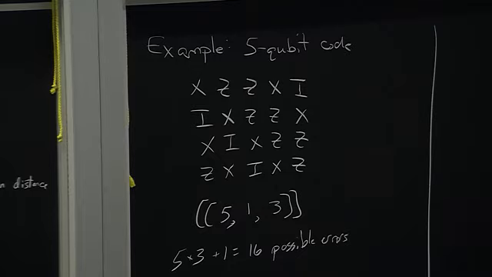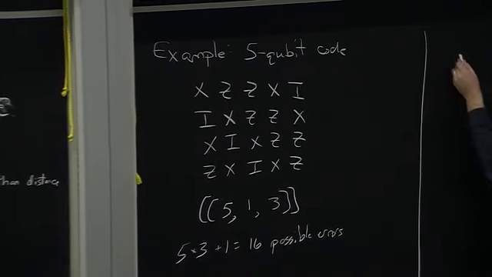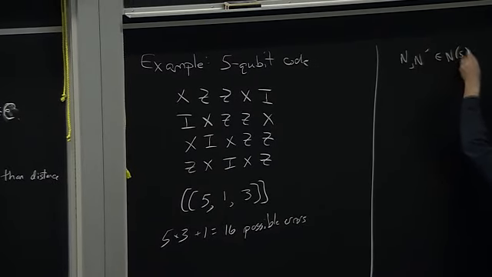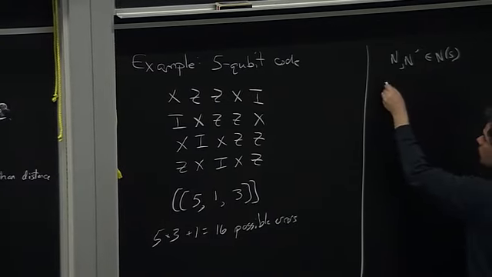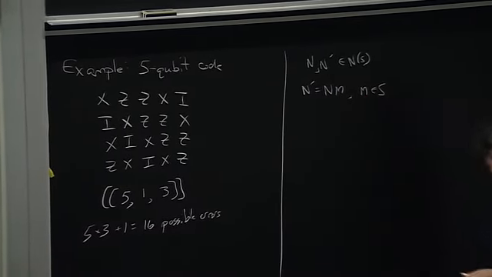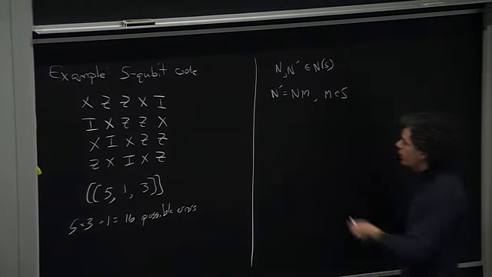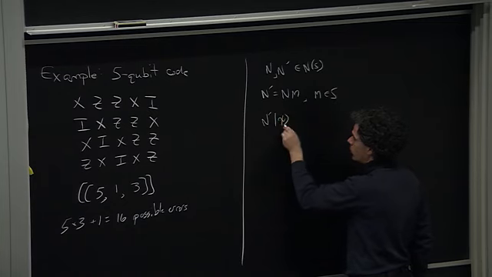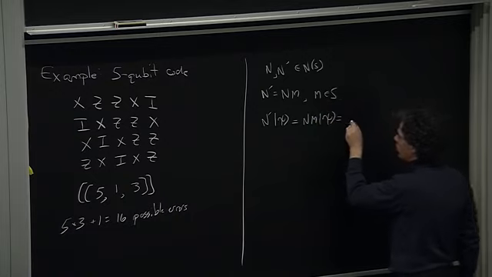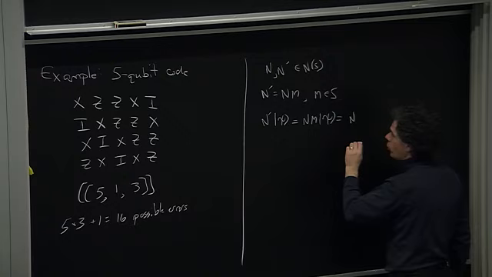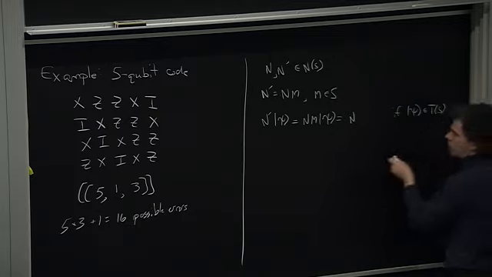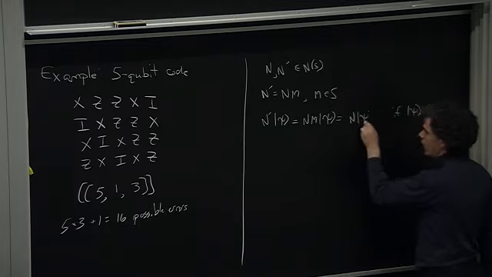So in particular, suppose we have n and n prime in N(S), but n prime is just equal to n times m, where m is in the stabilizer. Well then, n prime times code words is equal to nm times code words, which, if psi is in the code, then m psi is equal to psi, so this is just equal to n psi.